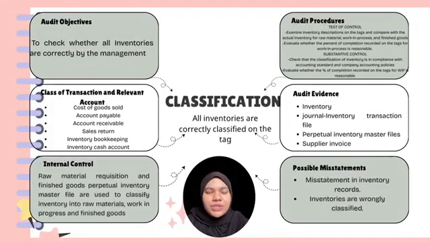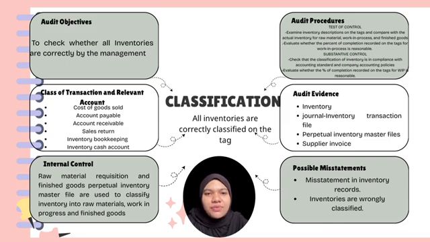For classification, our main goal is to make sure all inventory, from raw materials to finished goods, is put into the right category by the company. This impacts key accounts like cost of goods sold and accounts payable. Essentially, if inventory is classified wrong, the numbers will be wrong too. For internal controls, the company uses things like requisition forms and master files to track and categorize inventory properly.